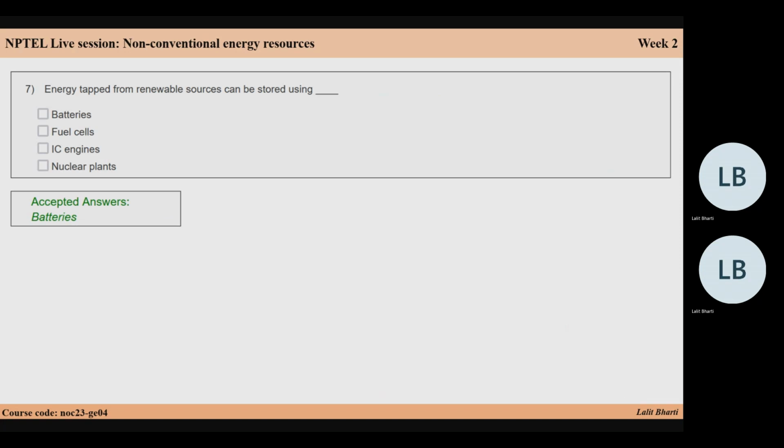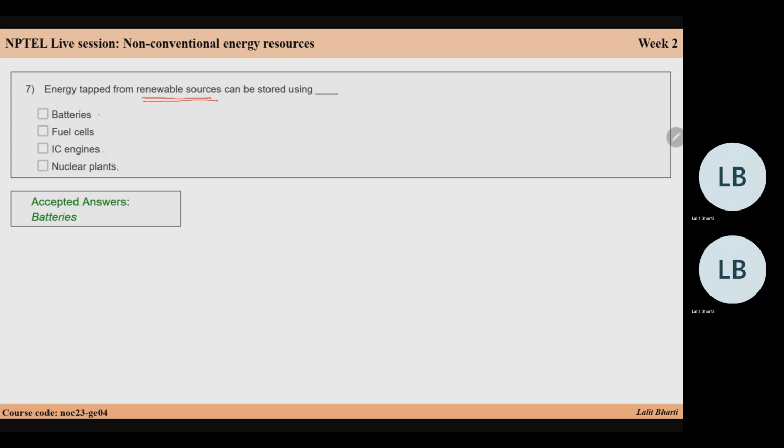Next question is, the energy tapped from renewable sources can be stored using, so there are four options: batteries, fuel cells, IC or internal combustion engines, or nuclear plants.